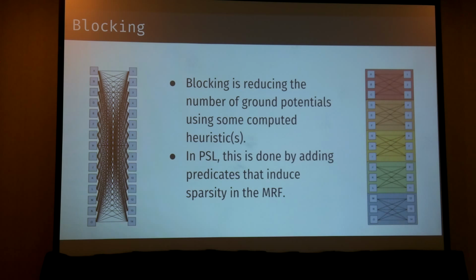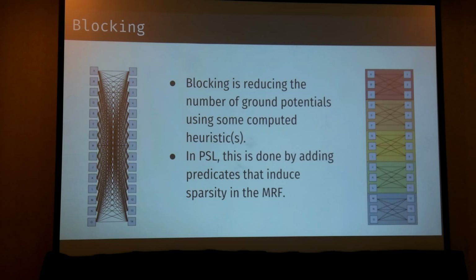Blocking is the process of attempting to reduce the number of ground rules, or ground potentials, instantiated using some sort of computed heuristic. In PSL, that normally means we compute some sort of heuristic, put it inside a predicate, and add that predicate onto the rule. You can see the effect of blocking here.